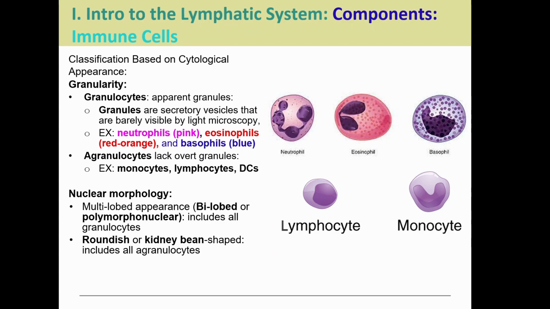So let's go ahead and talk about these different immune cells, these different white blood cells. Everything we see here is a white blood cell, so we'll talk about them that way. And we can break them down based on a couple things. Number one is granularity. Basically, some of these are going to be granular and others will not have apparent obvious granules. So the granulocytes, these are the ones that have obvious granules, are going to be things like the neutrophils, eosinophils, and basophils.